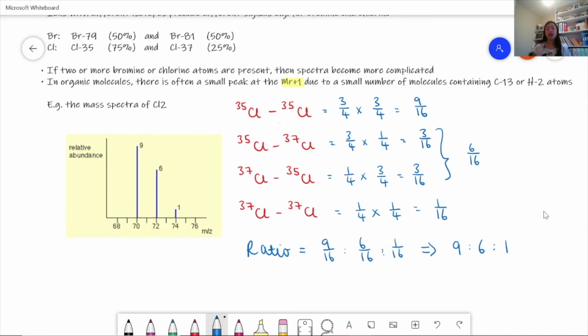So we get a lot more of 2 chlorine 35s being bonded together in a chlorine molecule compared to 2 37s. And this makes sense because we've got so much more of chlorine 35s anyway, out of all chlorine atoms. And so that's why we get the ratio of 9 to 6 to 1 on the mass spectra.